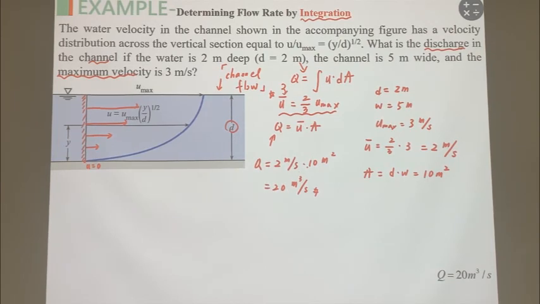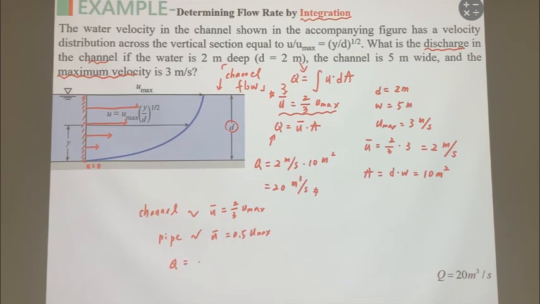So that's why I tell you to keep in mind some relationships. Under channel flow, U mean is equal to 3/2 U max. If it is pipe flow, U mean is equal to half U max.